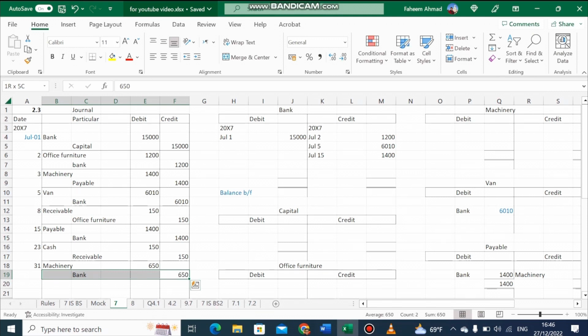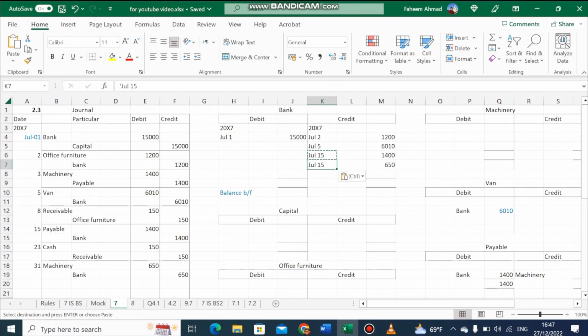And then we have bank credit 650 on July 31st. So you can see all debit entries I posted on debit side, all credit amounts I posted them on credit side. Now, very important point, very carefully check.